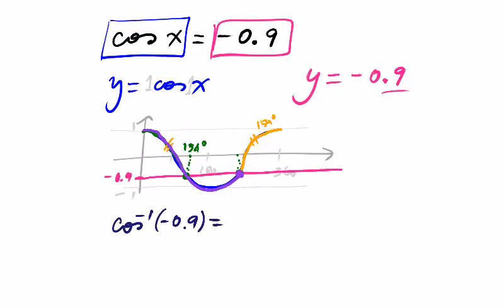So we could say that to get that second base angle, this is going to be 360 degrees. Take away that orange part. So what do we get then? 206 degrees, all rounded to the nearest whole degree for now. And I had 154 rounded here as well.